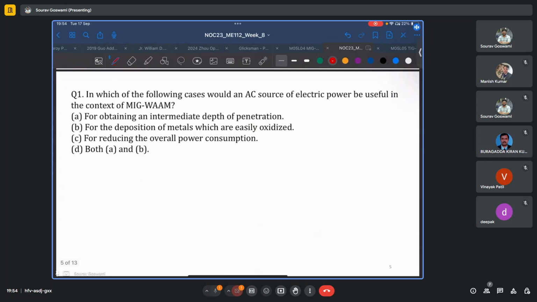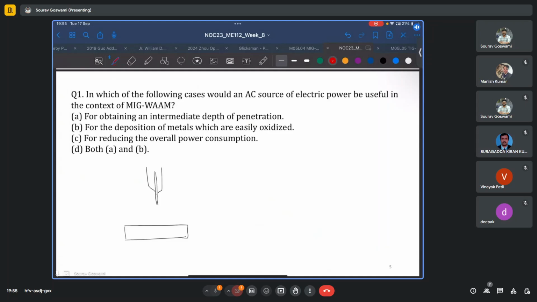Now, let us look at a few questions. In which of the following cases would an AC source of electric power be useful in the context of MIG-form? Just for a quick refresher, if this is our substrate and this is the wire being fed, we can have a variety of configurations.